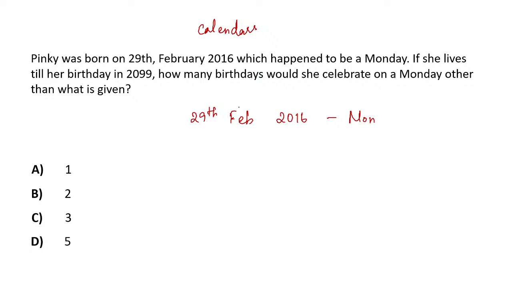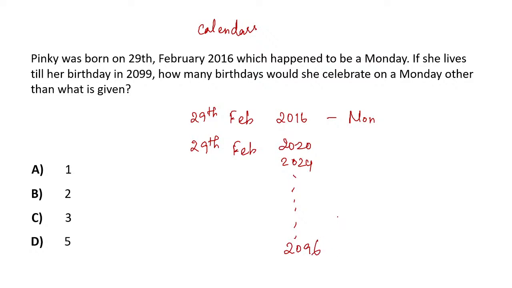If it's 29th February 2016, then 29th February only comes on the leap years, correct? So it comes in 2020, 2024, and only at multiples of 4. So 2099 is not a leap year. Only 2100 is a leap year, right?